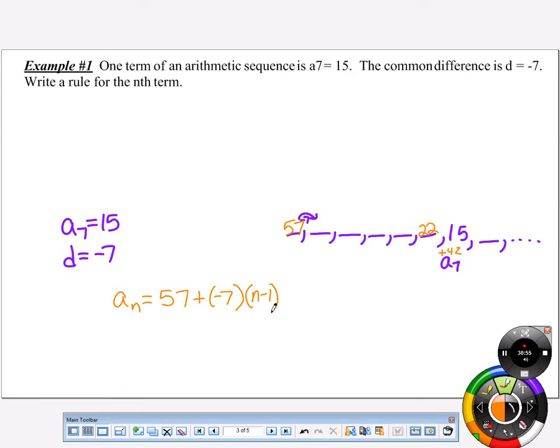Okay? So then I would just work like I would a linear equation to combine like terms. I would distribute. And I would get that a sub n equals 64 minus 7n, or you can write it as negative 7n plus 64, if you're kind of used to that y equals mx plus b format. Okay.